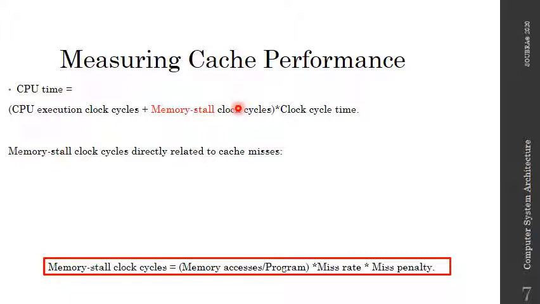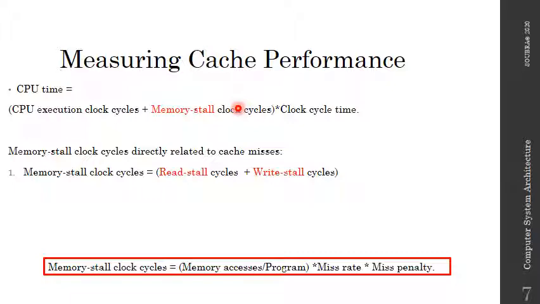However, if I'm not finding what I'm looking for in the cache, I'll witness a miss, and the higher the miss rate, the more time I will lose. The whole idea is to figure out what would cause a miss. We can see it as two things: either I'm trying to read something and it's not there, or I'm trying to write something to a variable and it's not there.